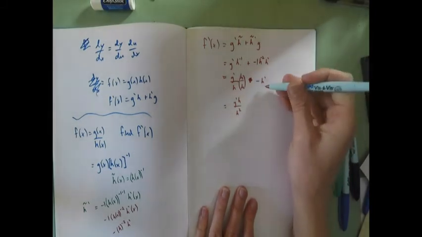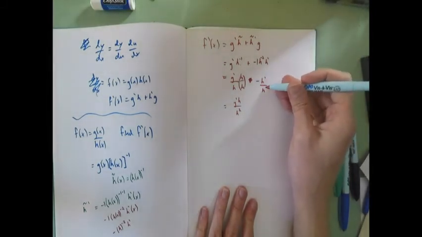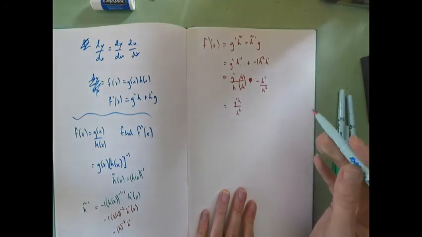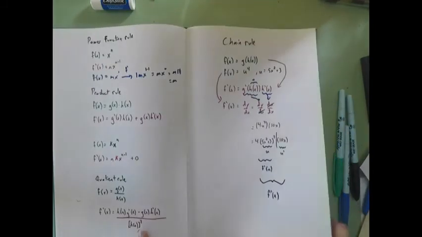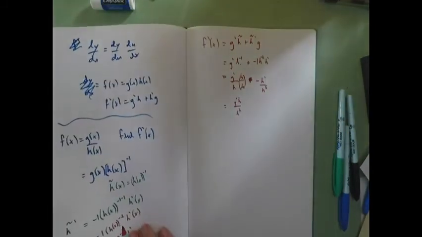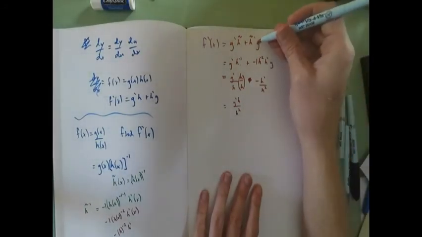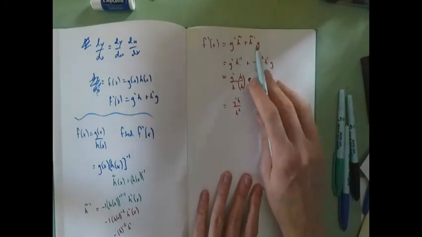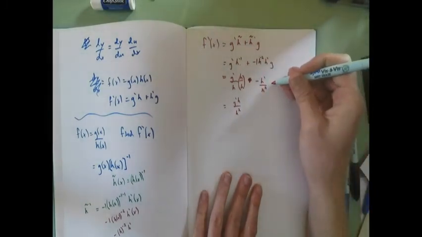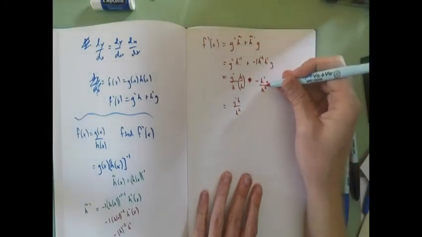This is h to the negative 2, which is the same as h prime over h squared. So we lost a g. Where did the g go? There's the g. I forgot the g moving from this line to this line. So we need a g here.